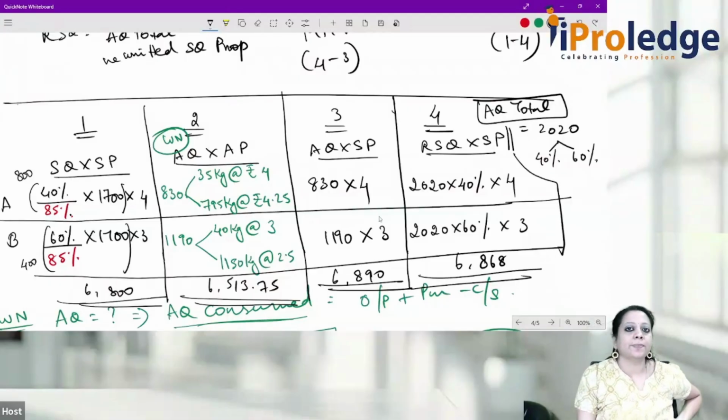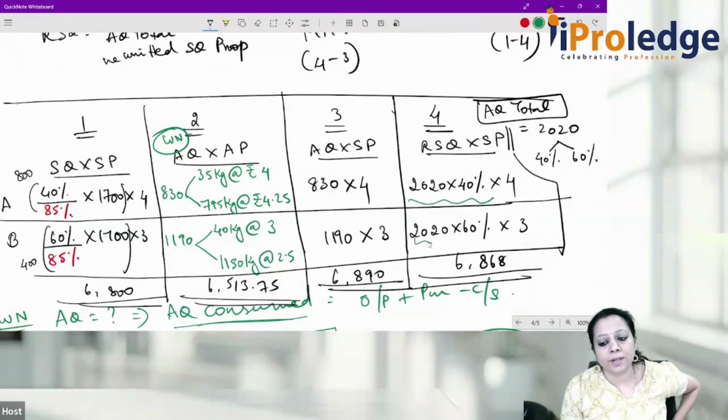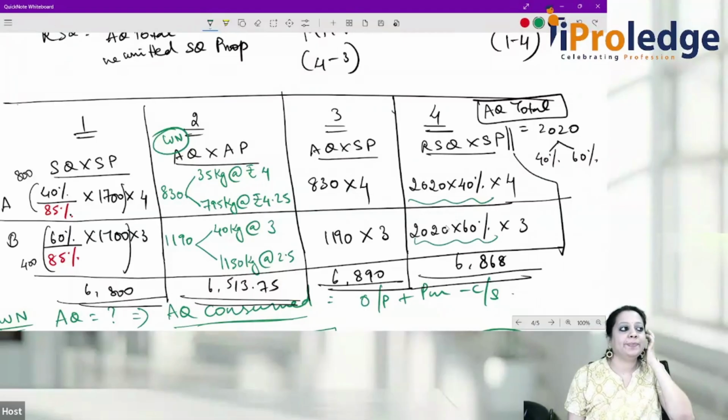Shall we proceed, students? Now, always remember the RSQ total should be the same as the AQ total. Only the proportion is remaining. Keep that in your mind.